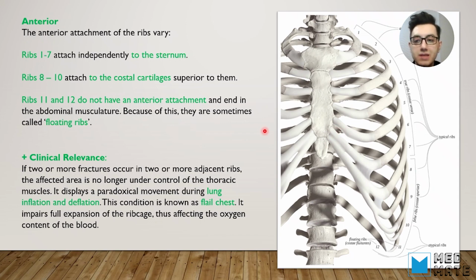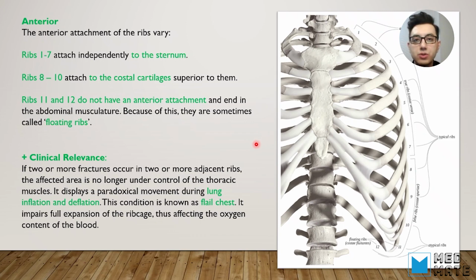Now, the clinical relevance of that is that if there are more than 2 fractures occurring adjacent in that area, then the ribs cannot control the thoracic wall, and the muscles cannot work correctly, and it displays a paradoxical movement during lung inflation and deflation, and this condition is called flail chest.